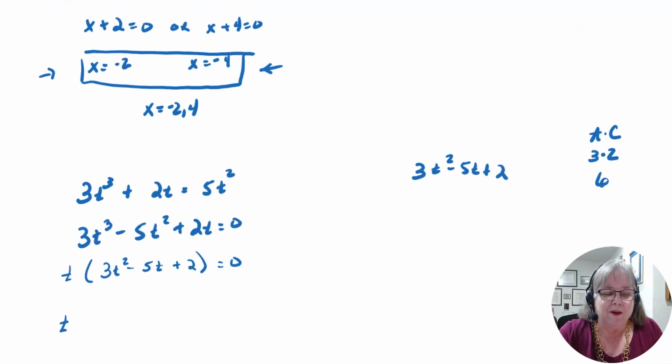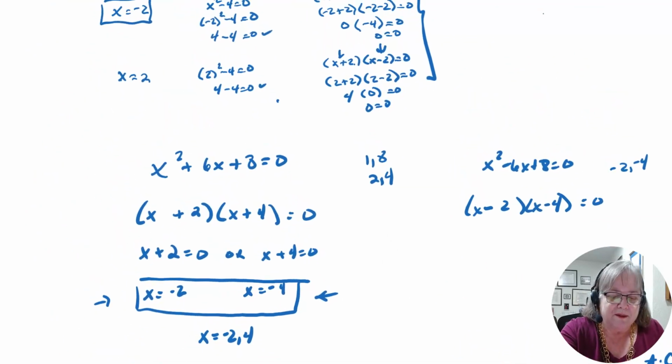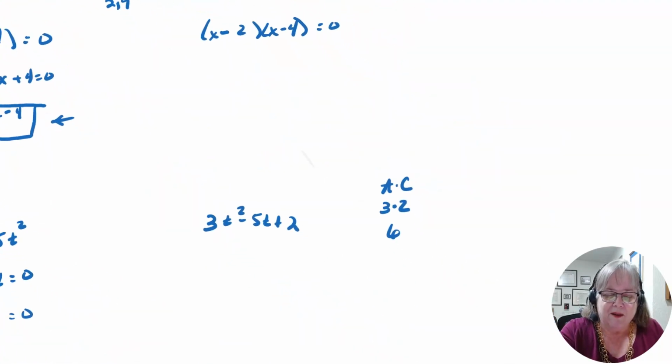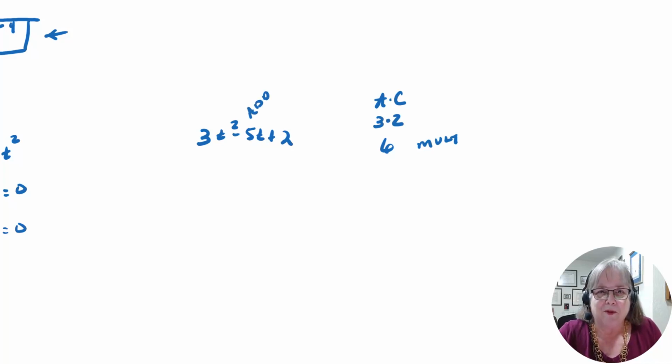So do you remember up here where we said what multiplies to 8 and adds to 6? Remember that one? This is a variation on that. This is what multiplies to 6 and adds to negative 5. So we're going to say what multiplies here, not to 2, but we're still adding to this middle term.